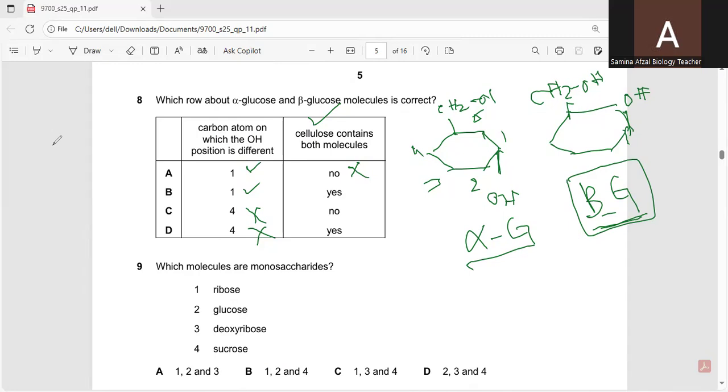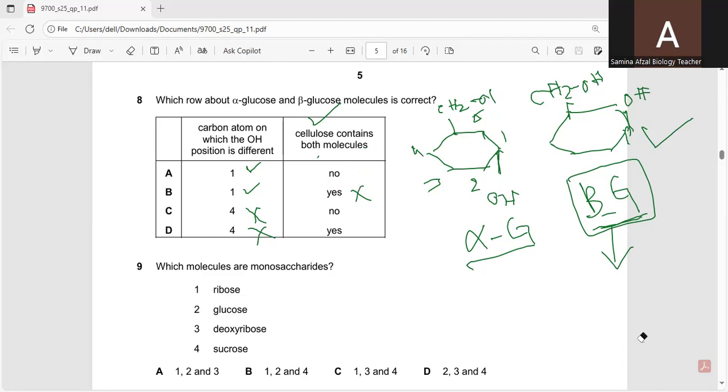According to this, does cellulose contain both? No, it does not contain both. It is only made up of beta glucose. So both molecules are not present; only A is the correct option.